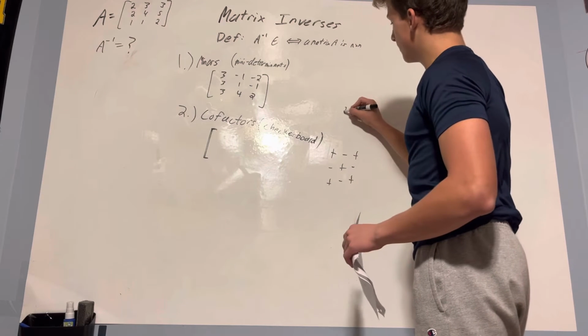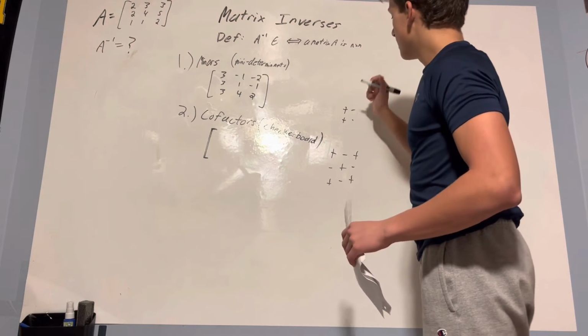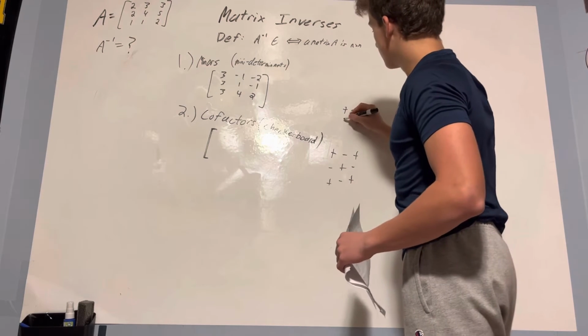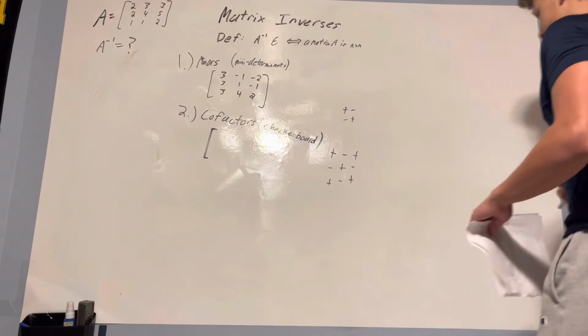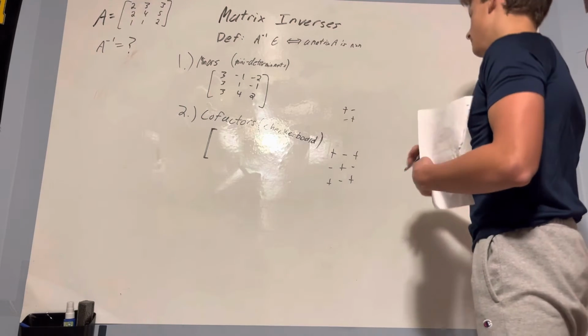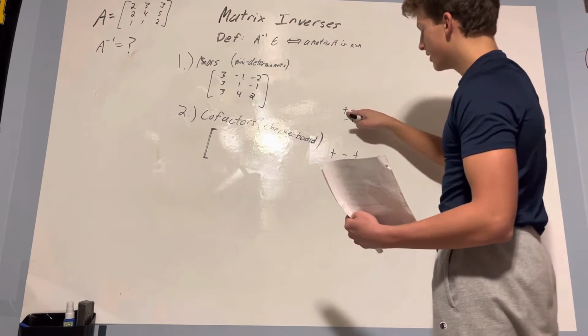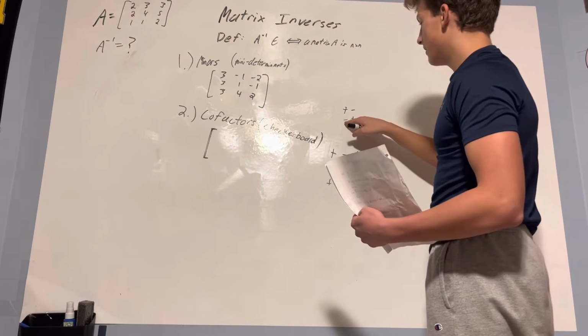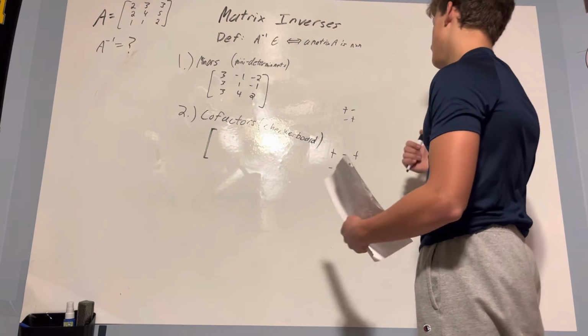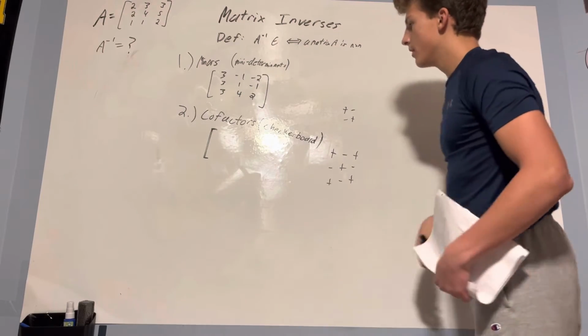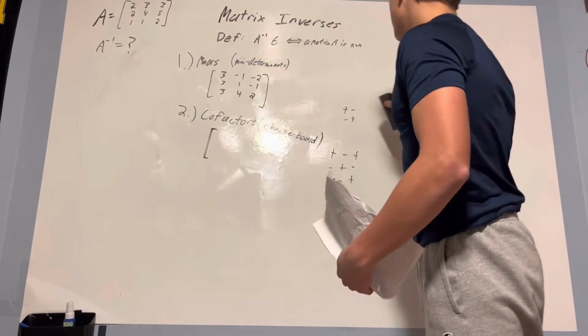If it were 2 by 2, it would be plus, minus, minus, plus. It is just going to be like an alternating pattern, like a checkerboard. Like if the pluses were red and the minuses were black, then you would get a checkerboard pattern. But instead, it's just plus and minuses.